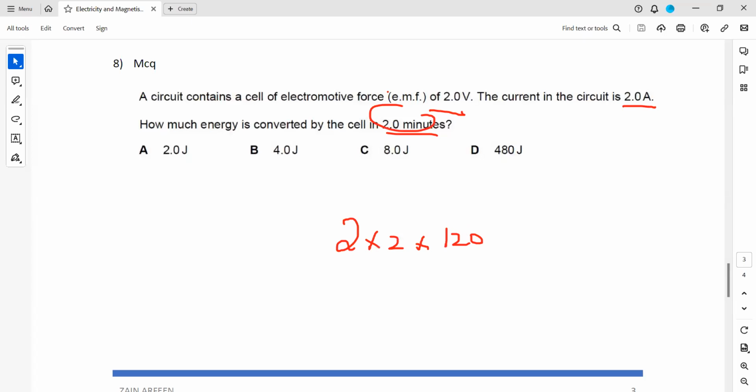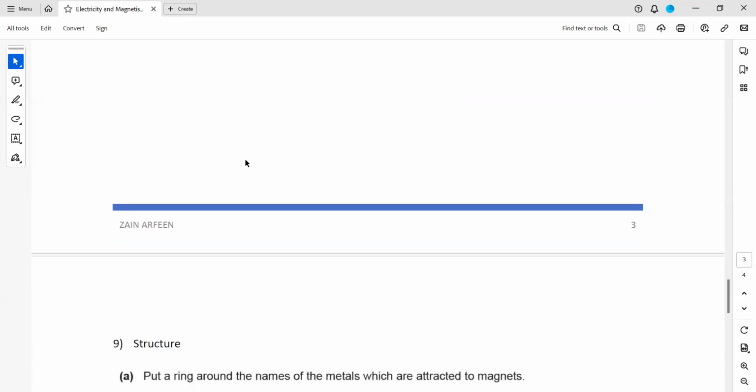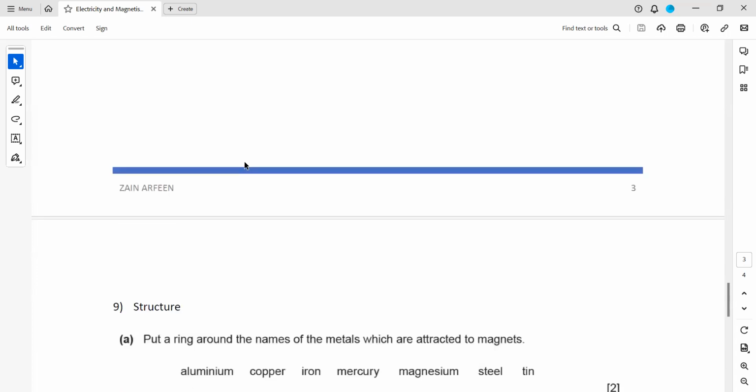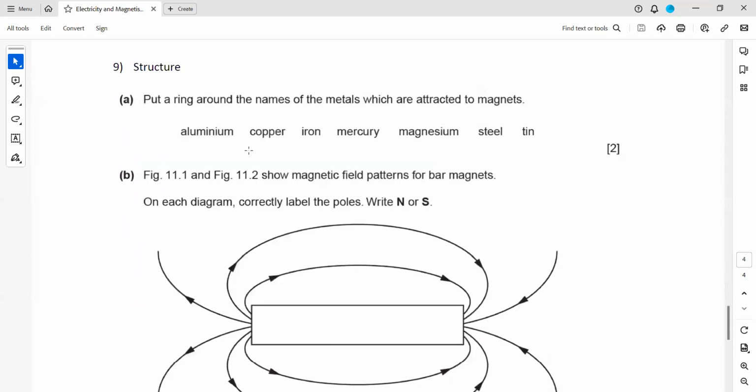When you multiply all these factors, you will get the energy that is equal to D, 480 joules. So if the answer of energy is in joules, the time must be in seconds. If the answer of energy is in kilowatt hour, then the power should be in kilowatt and the time should be in hours.